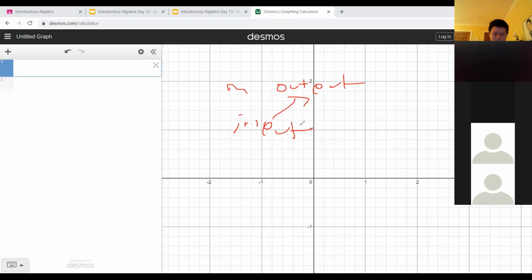Inputs can't have multiple outputs, but outputs can share multiple inputs. This class is being recorded, so you can review in more detail later. But what about shifting up and down?